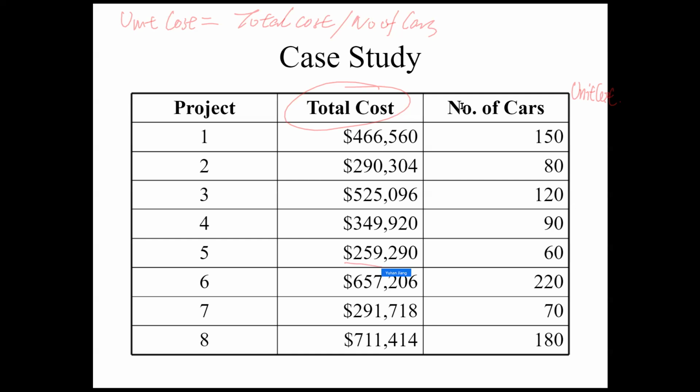And 259,290 divided by 16. And 657,206 divided by 220. 291,718 divided by 70. 711,414 divided by 180. So I give you 5 minutes to do the calculation for those 8 projects.